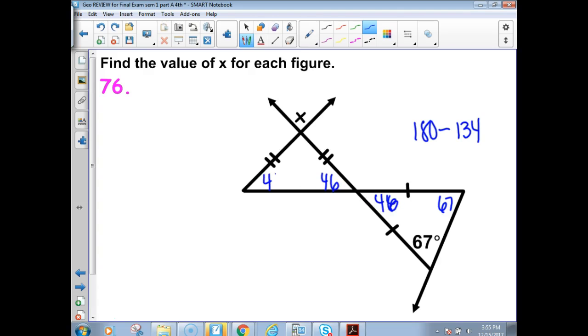This one over here would be 46 because that's isosceles. These base angles are congruent, just like these were. Right now we can do 180 minus 46 twice, which is 92. 46 plus 46. Subtract that from 180. I get 88, and that would be this vertex angle. And now finally x is 88.